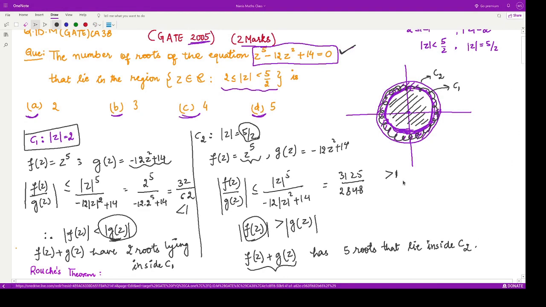So all in all, if we have 5 roots in C2 and 2 roots in C1, in effect we would have 5 minus 2, that means 3 roots in the annulus region which is given to us in the question. So our answer here is option number B. So that is it for this video. Thank you for watching.